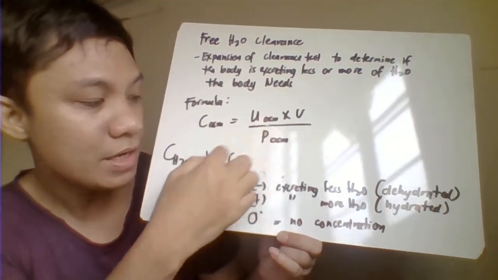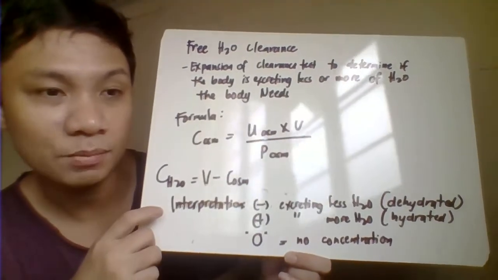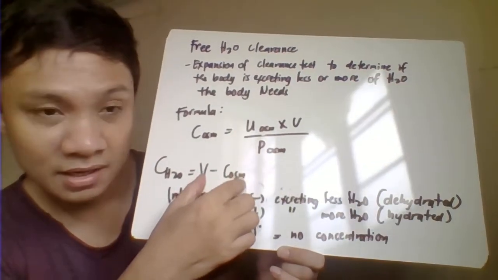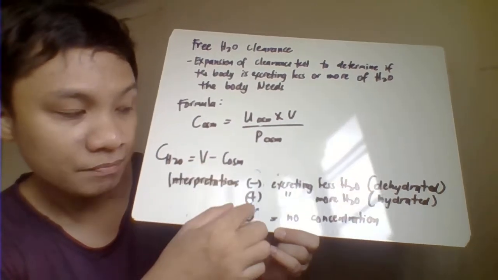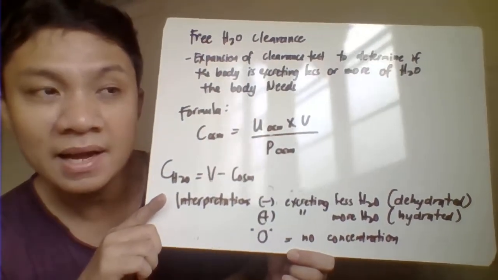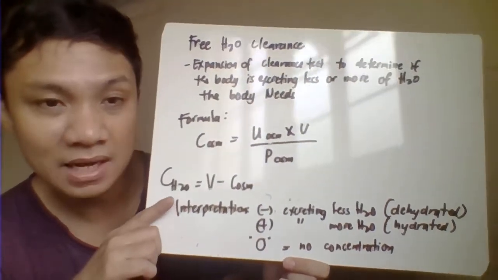So, whatever the result here, ma-minus mo sa total urine output, meaning measure mo yung total urine output ni patient. So, for the interpretation, after i-minus mo dito sa total urine output volume ni patient, if the result is negative, ano ibig sabihin ng negative? Kulang ang nire-release or in-excrete na ihi ni patient.